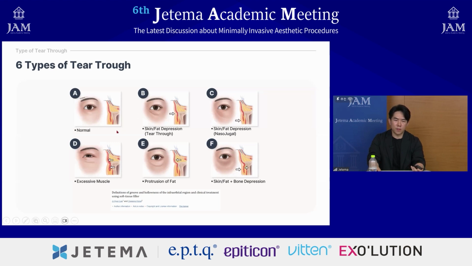So if a patient comes with B and also E, the B might be B2 and E might be E3. So we can evaluate the patient as B2, E3. Then we can choose the materials and how many cc of filler the patient might need. And we can standardize our treatment so that we look a little more professional to the patient.